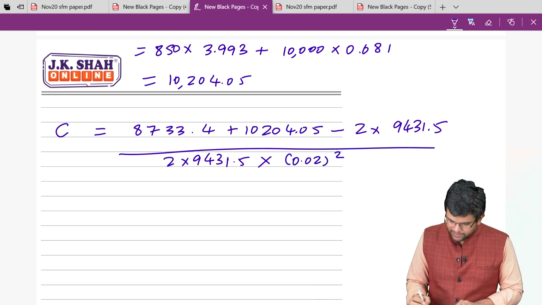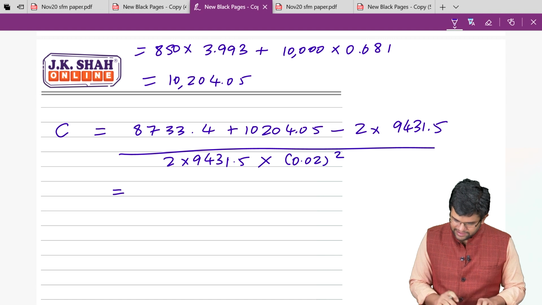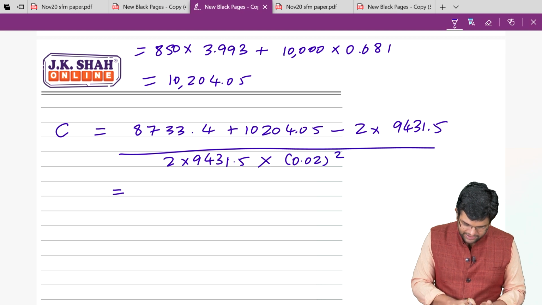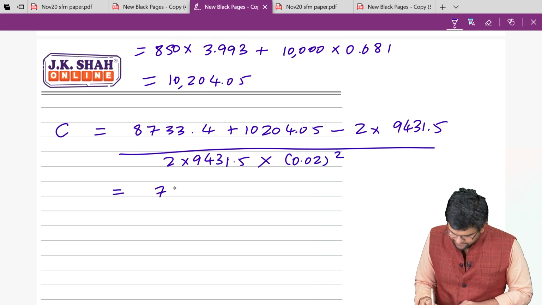Can we start? Let's now do the calculations. In the numerator we have got 8733.4 plus 10,204.05 minus 2 into 9431.5. This is 74.45 in the numerator.